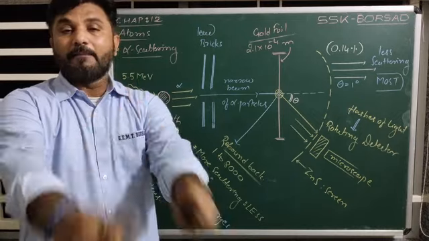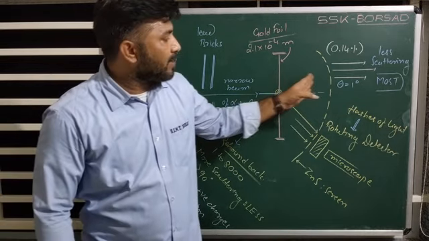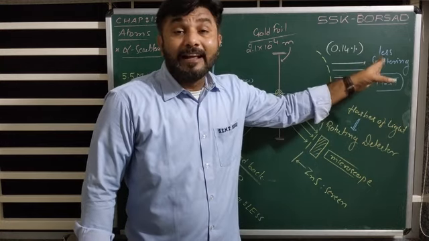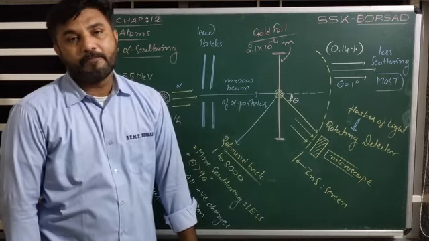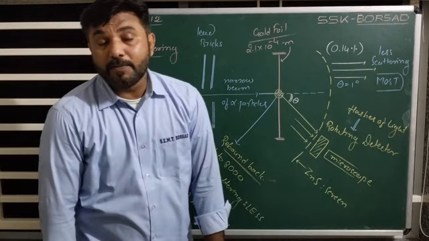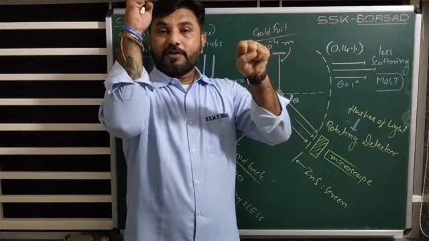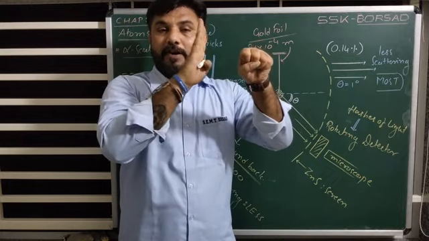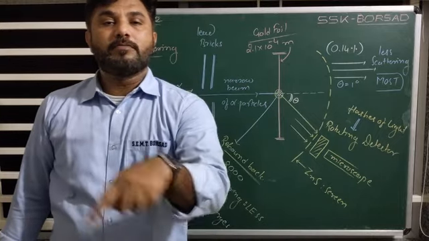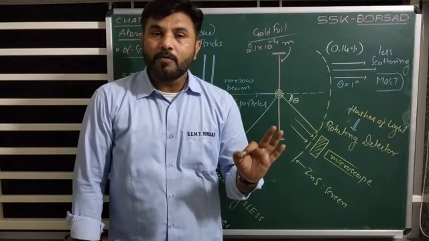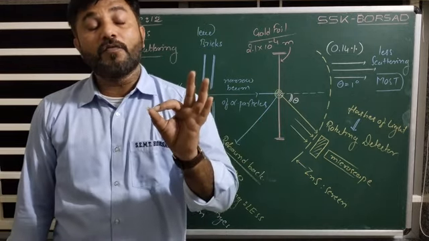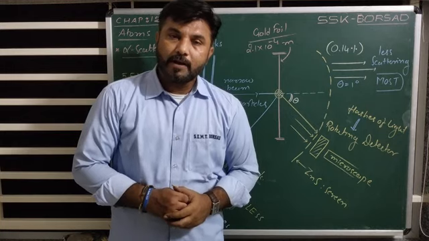And through that empty space, alpha particles come out. Most of the alpha particles come out with less scattering. Is it? Okay? And the distance between nucleus and first orbit is also about 10,000 to 1 lakh times the size of nucleus.